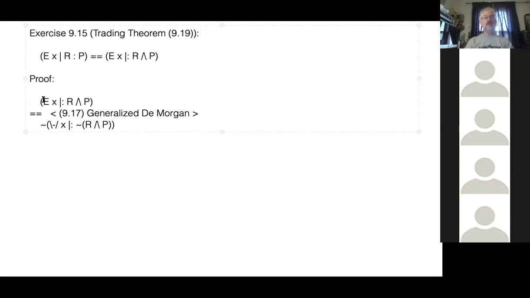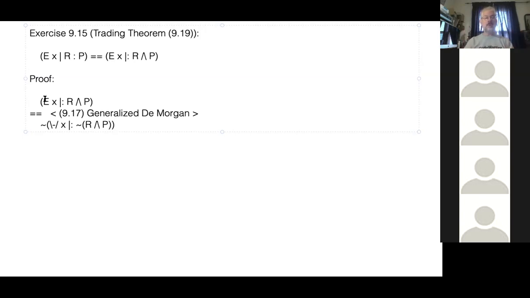So this generalized De Morgan says if there exists an X that makes this true, then it must be the case that not all X make that false. So if there is someone who has a nickel, then it's not true that everybody doesn't have a nickel. Okay, sort of weird. I mean, you get into all this double negation and the linguistics goes crazy. But that's what we're talking about here.